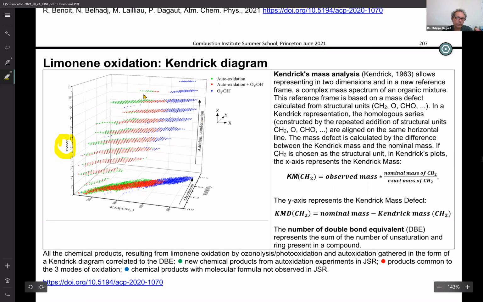We operate at a few seconds residence time, whereas they operate over several hours. So again, there is a strong similitude between what we can observe in combustion and also in the atmosphere.